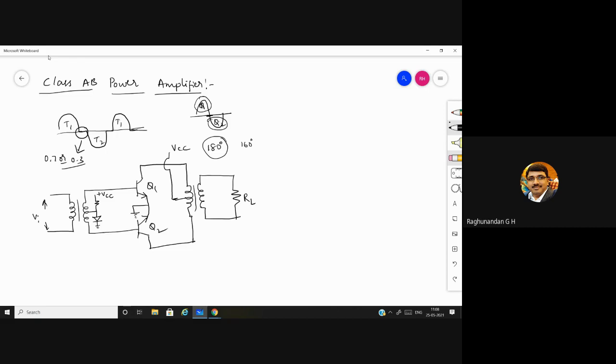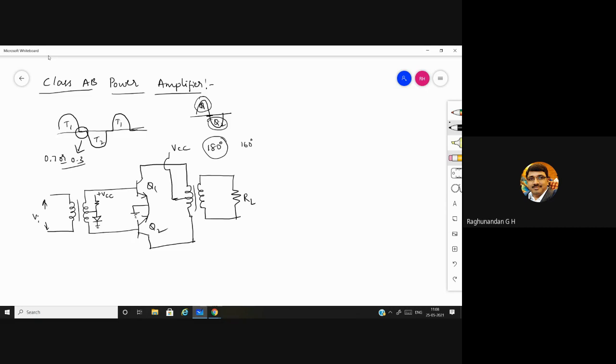That means the transistor gets into conduction before the operating transistor switches to the cutoff state. So when this is operating, then this will be in the cutoff region. When this is going towards the cutoff region, by that time the other should turn on. Until this turns on, this should not enter into the cutoff region.